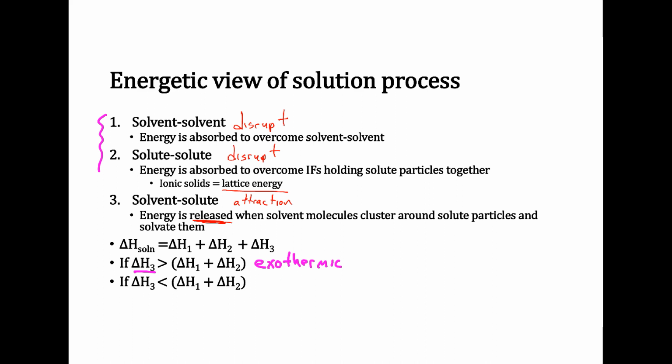All right. So you could also have a case where delta H3, the solvent-solute, is actually less, so the energy that's released is less than the cost that it takes to break these up. So this would be an endothermic reaction. So you could think about it like this.